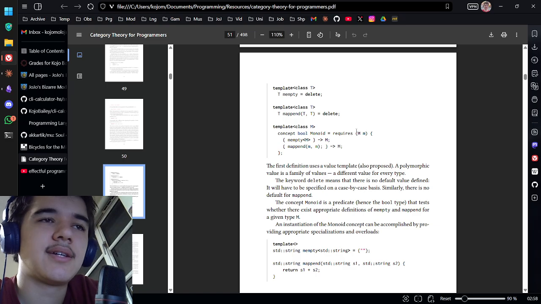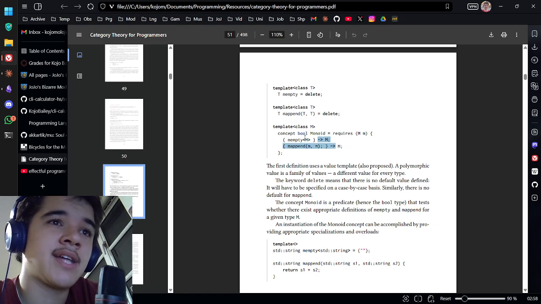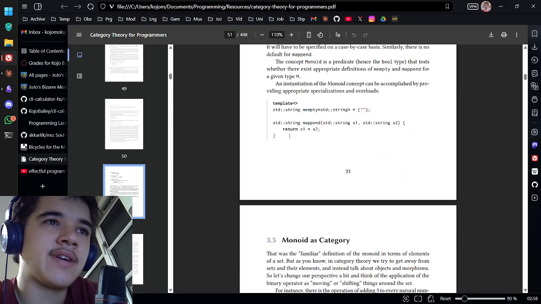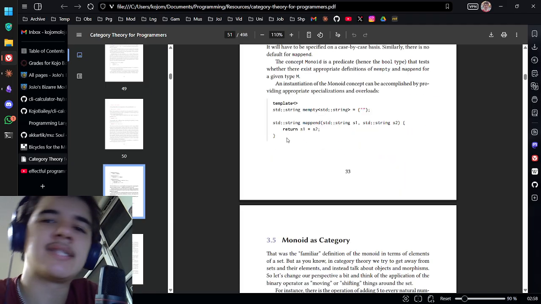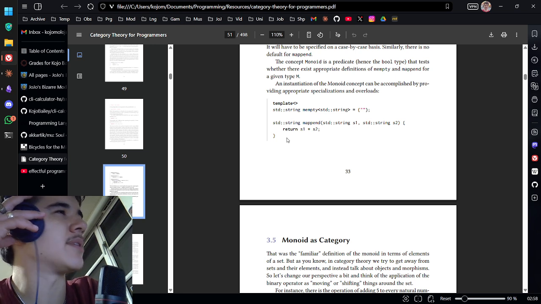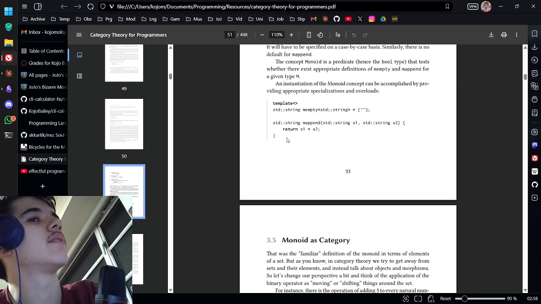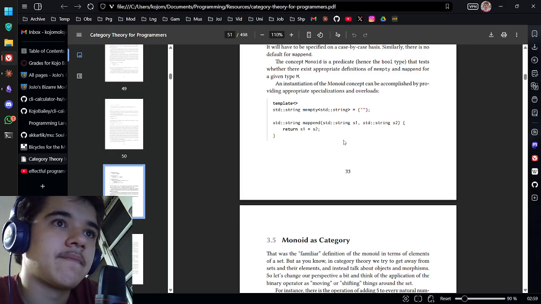Concepts, yeah. Concepts are great. Dude, I didn't realize that you could actually do this in concepts. That's cool. That is awesome. I mean, proposed. I don't know if they're in the language yet. This is 2019. Concepts are C++20, I think. So they should be out by now. That's cool. MMT.